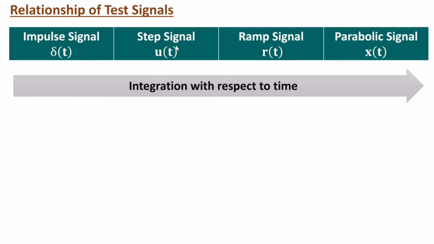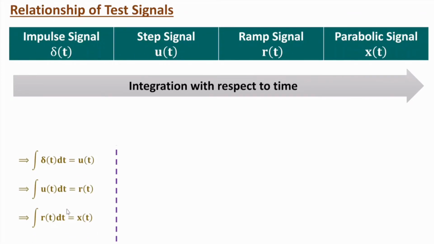If you integrate the step signal, you will get the ramp signal. If you integrate the ramp signal, you will get the parabolic signal. And here we are talking about the unit step, unit ramp, and unit parabolic signals, right? So that is how the relation is.